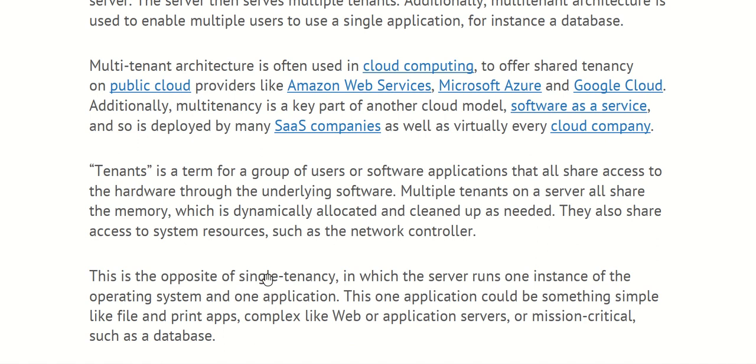Tenants is a term for a group of users or software applications that all share access to the hardware through the underlying software. Multiple tenants on a server all share the memory, which is dynamically allocated and cleaned up as needed. They also share access to system resources such as the network controller.